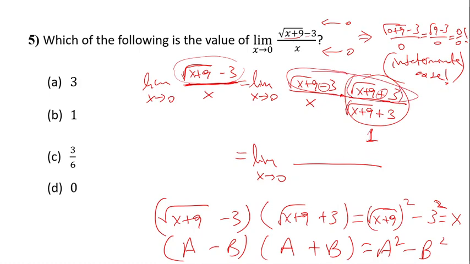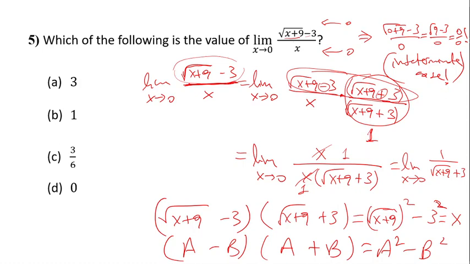Okay, let's do this. This one will be x, and here we have x times square root of x plus 9 plus 3, and there will be some simplification here. This is 1, this is 1. So what is the limit of 1 over square root of x plus 9 plus 3 as x goes to 0?